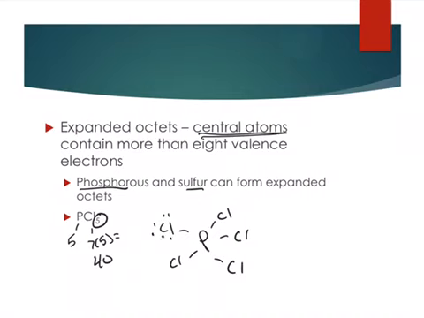To get up to 40, you put lone pairs around all the chlorines, and when you do that, you see, yes, you have in fact used 40 electrons. So that is an expanded octet, and hopefully that will be enough instruction on that, and you can do the posted assignment. Please email me if you guys have any questions.